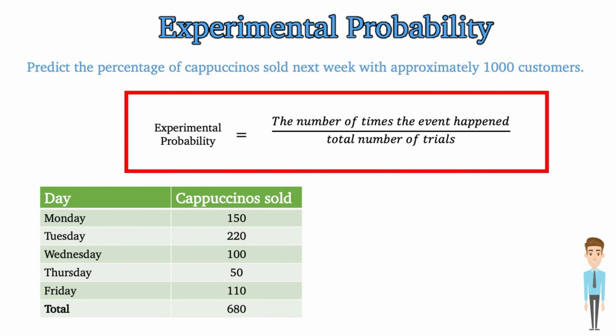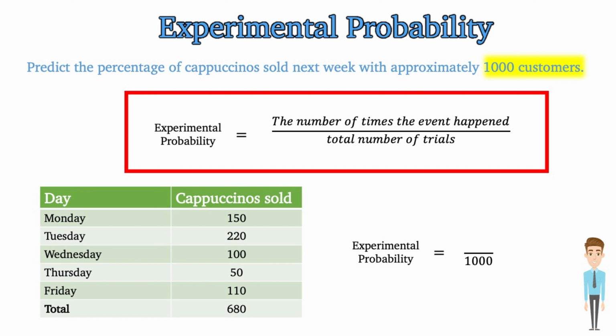If we had the following results from last week's cappuccino sales, we can see that we have the sales for each day, then the total number of cappuccinos sold last week. So calculating the experimental probability, firstly, the denominator, the total number of trials, which represents the total number of customers, which was 1,000.